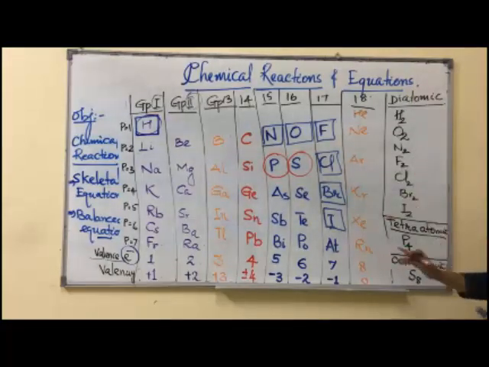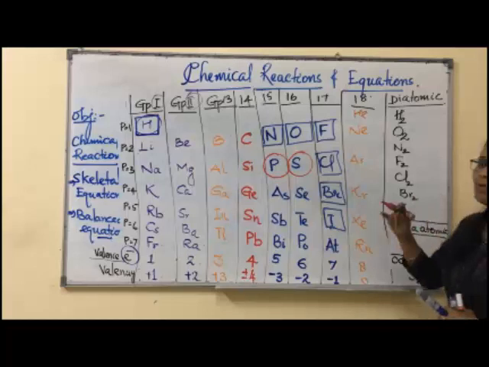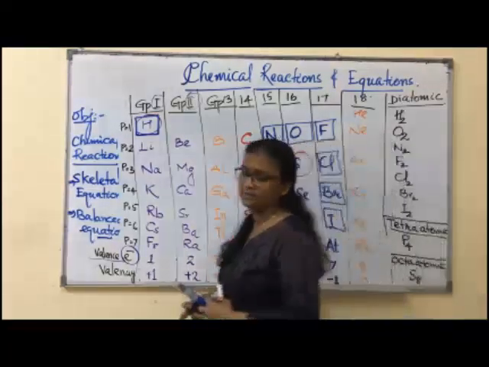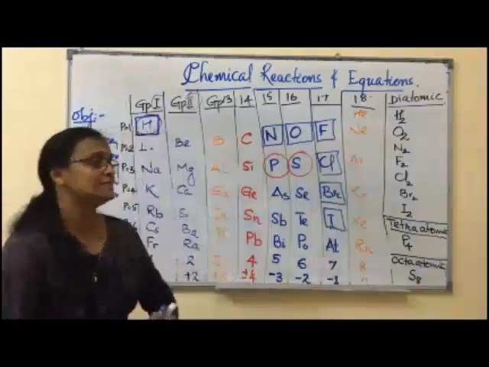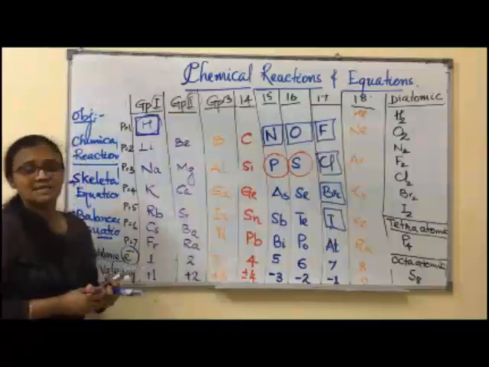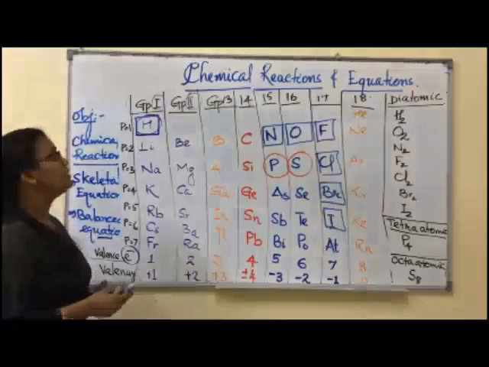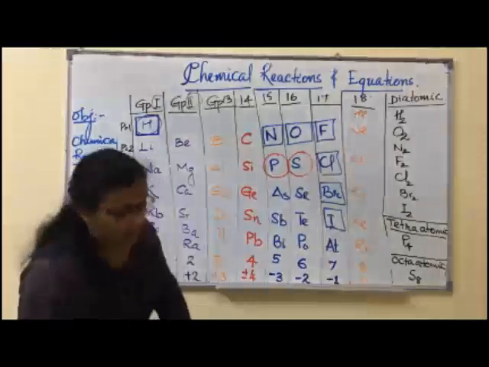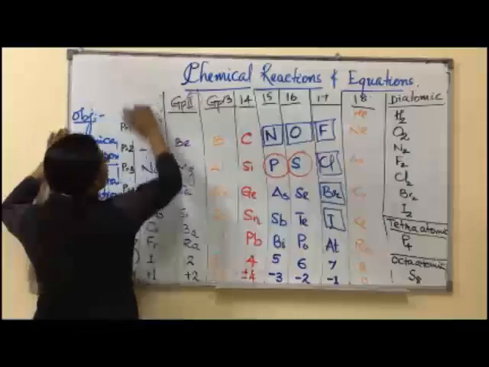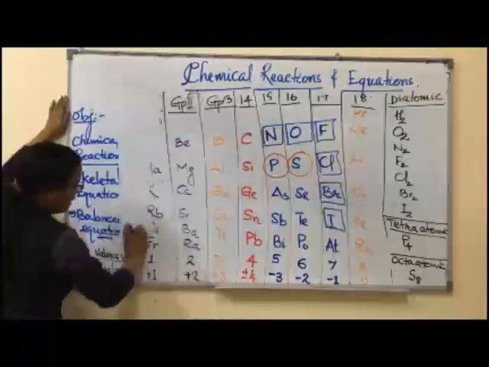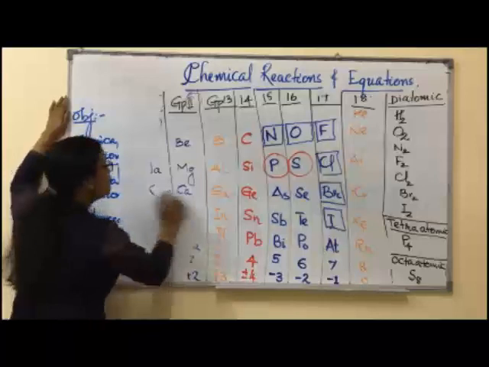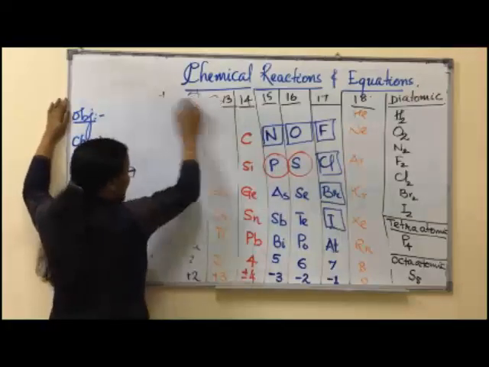If you know this much, and some of the polyatomic ions, which are known as radicals, and their valencies, then it is easy for you to write the molecular formula. So I will be writing the radicals or polyatomic ions. What do you mean by radicals or polyatomic ions?